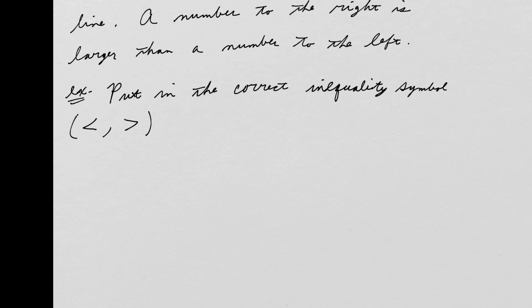This one means less than, I'm reading left to right, and this one means greater than. So we want to put in the correct inequality symbol to make each statement true.